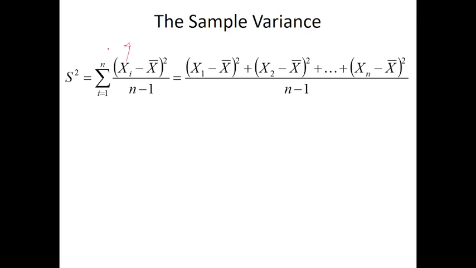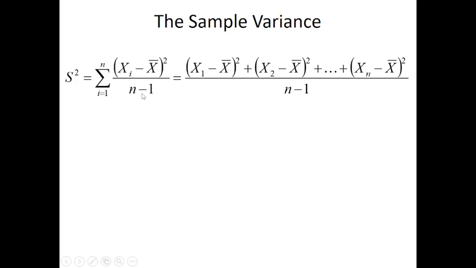Or data value, the ith data value. Then we have x bar as the mean. So this is the mean, and all over n minus 1.